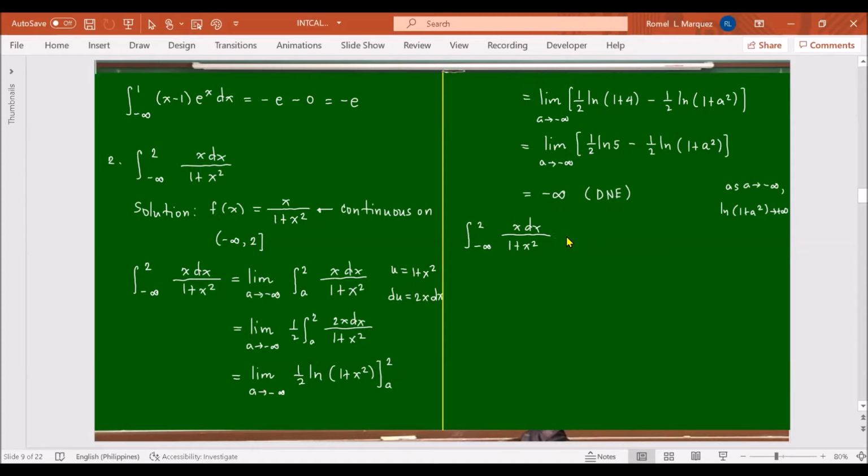So hence, this is said to be a divergent integral. So again, this integral is divergent. Okay? So let us have number 3.